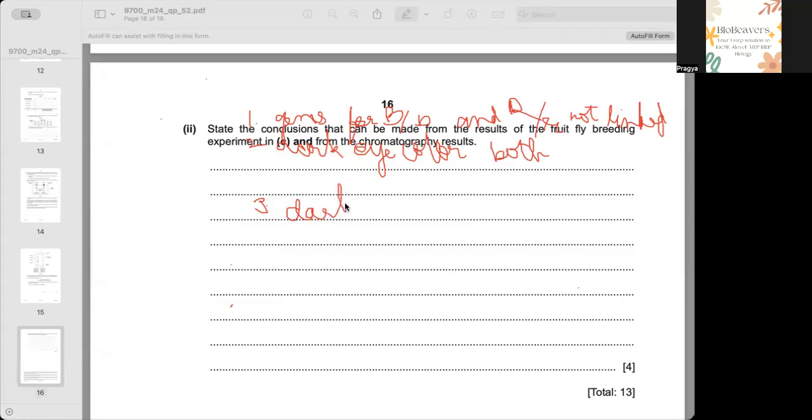Dark red eyes have all the 4 pigments according to the chromatography result. And the opposite is clearly true: we do not see any of the pigments in the one with the white eyes, which have no pigment at all.